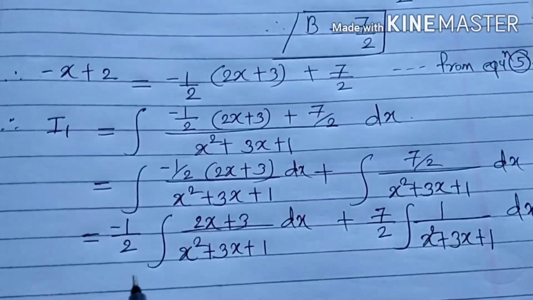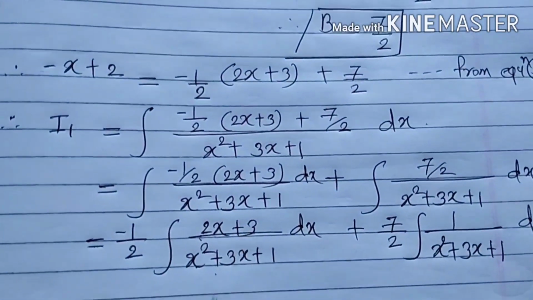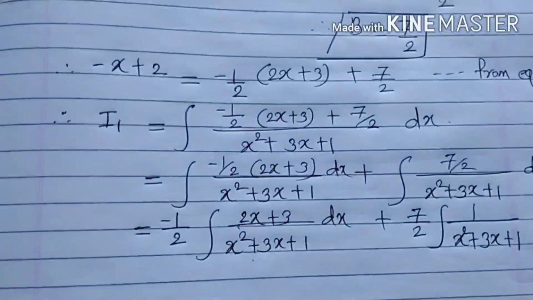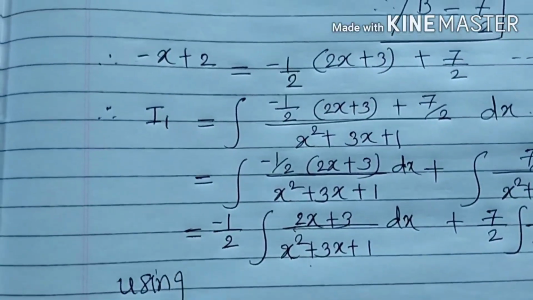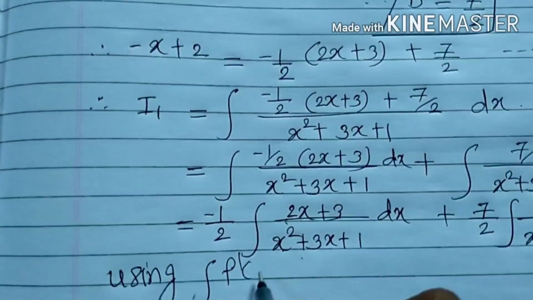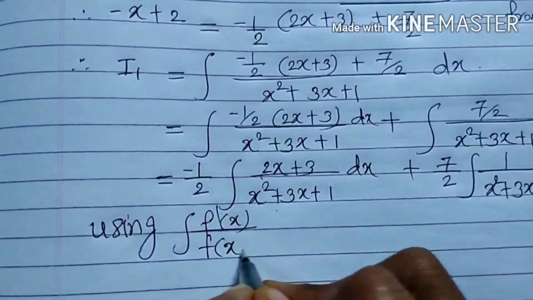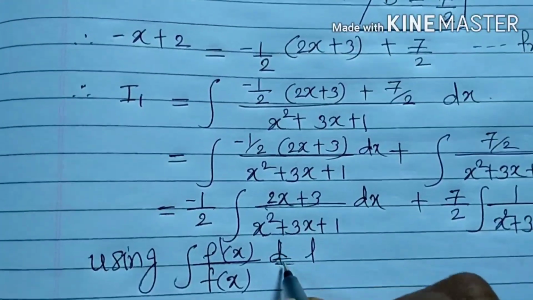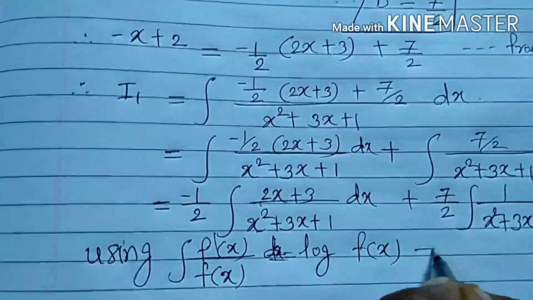Now you can observe that the derivative of the denominator is 2x plus 3. So this is of the form: the integration of f dash of x upon f of x dx is equal to log of f of x plus c.